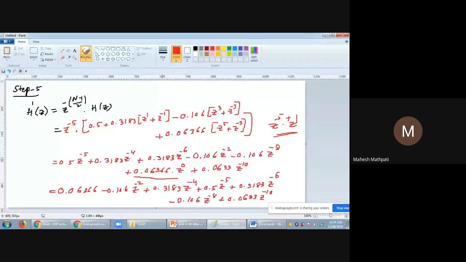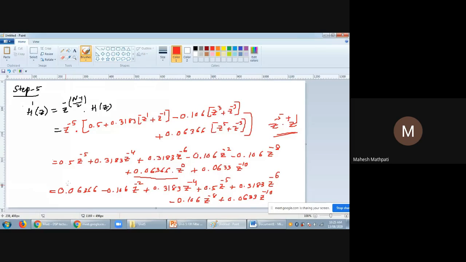Step 6: from the above equation, the filter coefficients of the causal filter are given by. Step 6. From the above equation, the filter coefficients of the causal filter are given by.